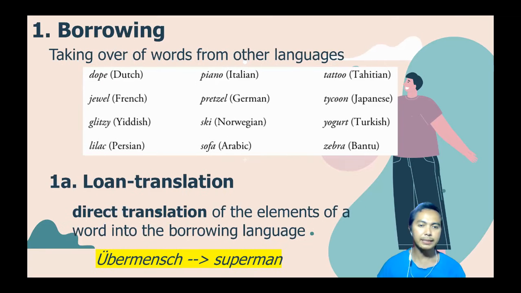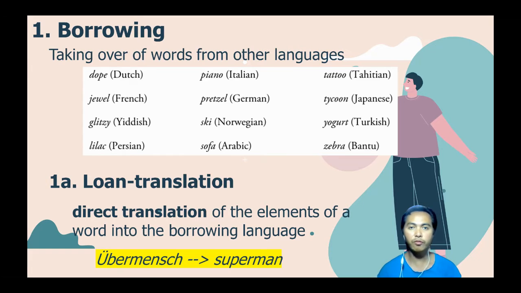Borrowing is simply taking over words from other languages, because English is not only able to produce words, sometimes it also imports words from other languages. For example, dub from Dutch, jewels from French, glitzy from Yiddish, lilac from Persian, piano from Italian, pretzel from German, and zebra from Bantu.